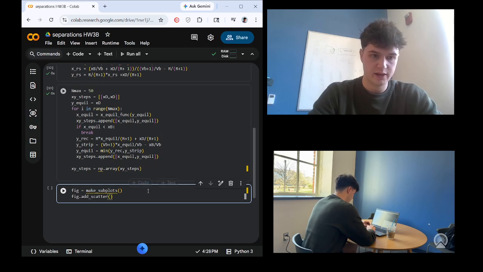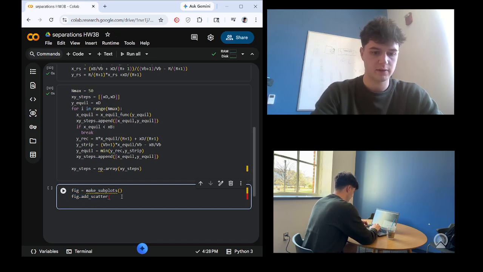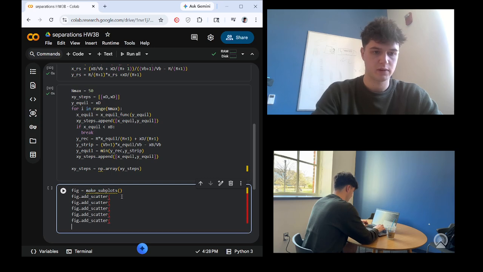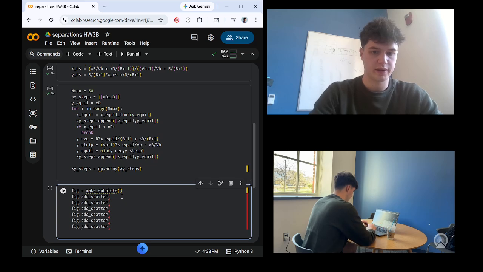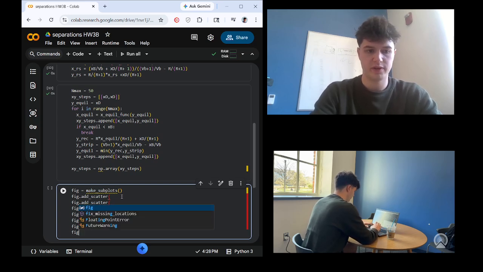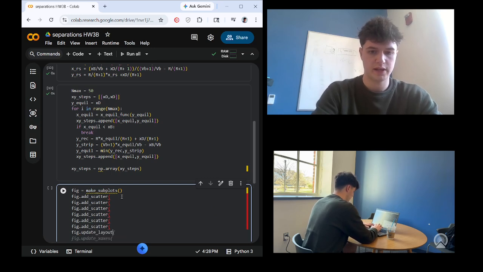And we're going to get rid of this. We're going to copy this. And like I said, I think it's 6. Okay, and then the last part will be fig dot update underscore layout.